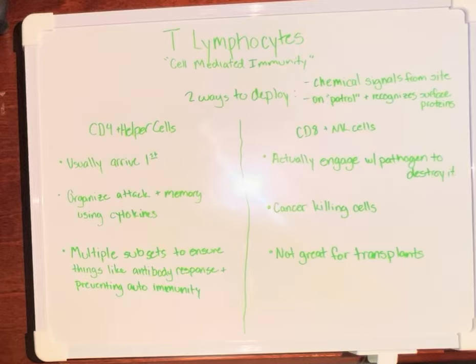So the closer they are in similarity, obviously, the less likely it is that these lymphocytes are going to want to eat the kidney or organ. So in my mom's case, we were very blessed, and the donor, who we don't know, it was a deceased donor, was actually 98% similar.